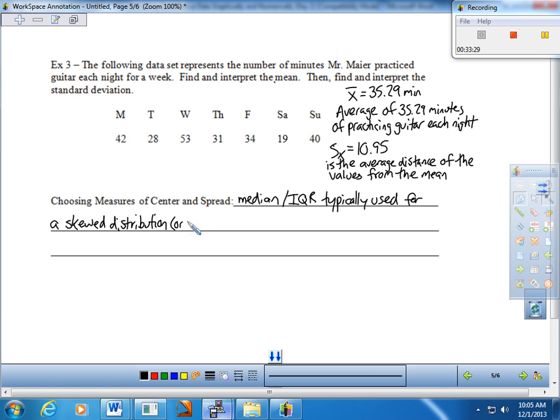or outliers too, by the way. I'm going to put that in parentheses there. If there are some outliers, typically this is a better representation of the data distribution.